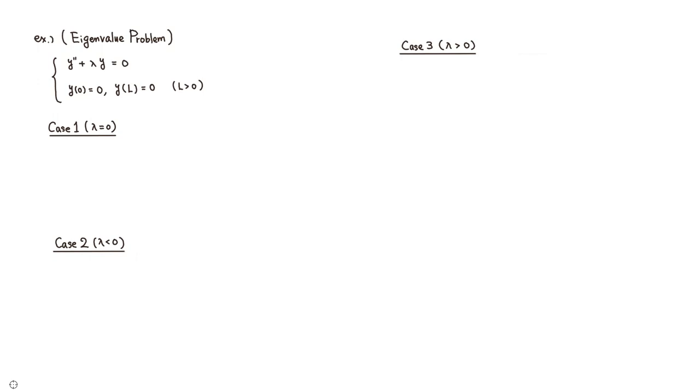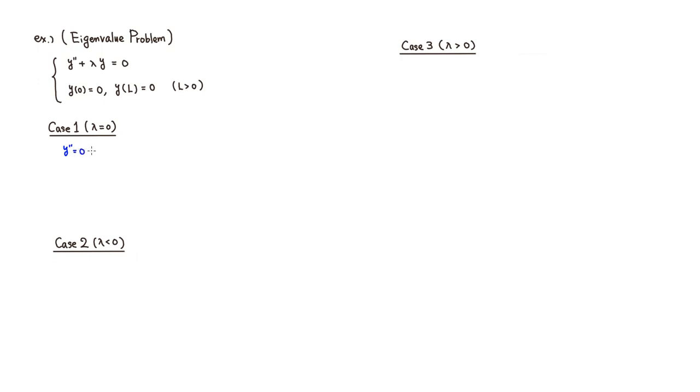All right, so let's look at the three cases. Let's check to see if lambda equal to 0 is an eigenvalue. If lambda is equal to 0, then the differential equation is just y double prime is equal to 0.